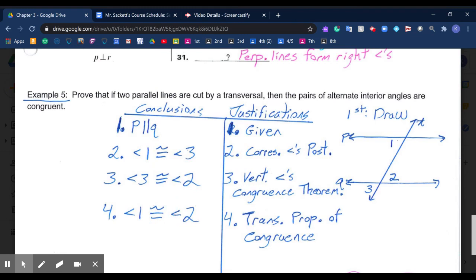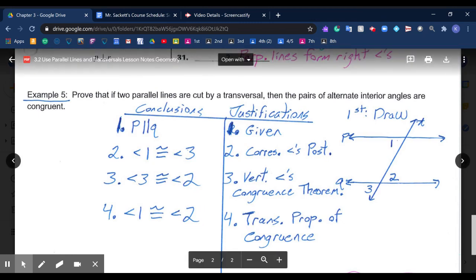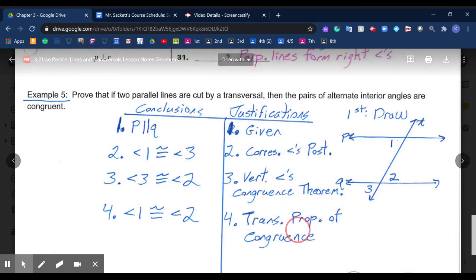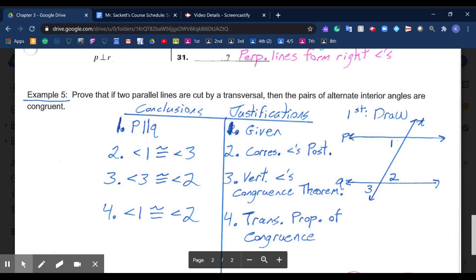And the way that I can state that is if I know 1 is congruent to 3 and 3 is congruent to 2, I can drop that angle 3, the repeated part, and state that angle 1 is congruent to 2 from the transitive property of congruence.